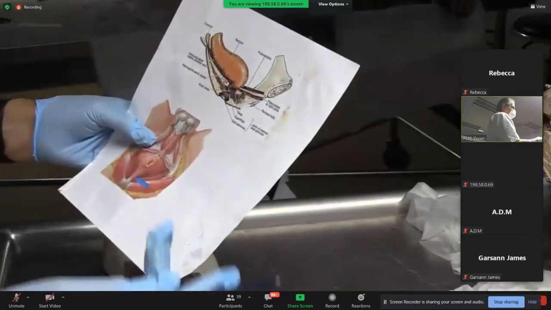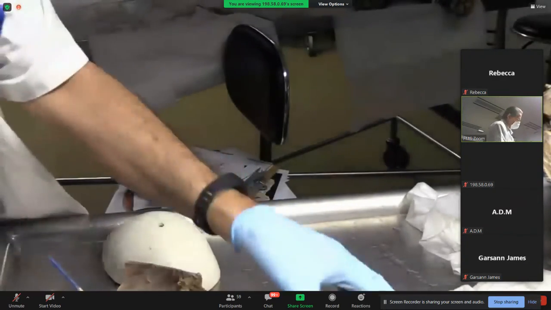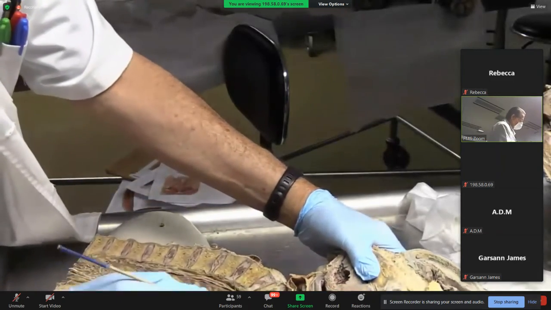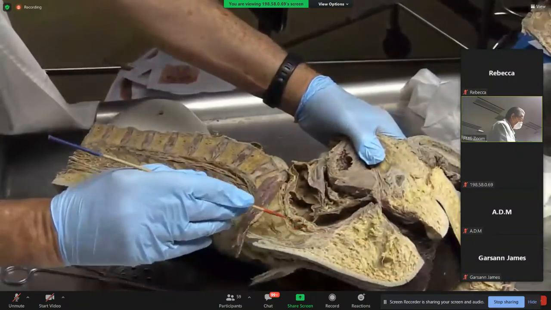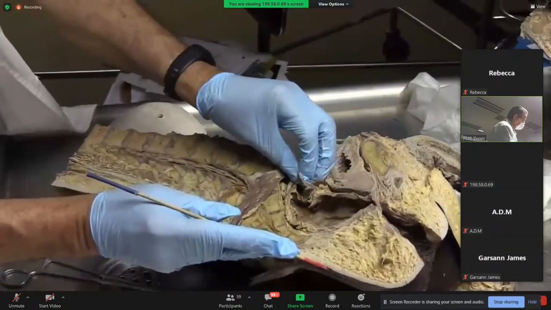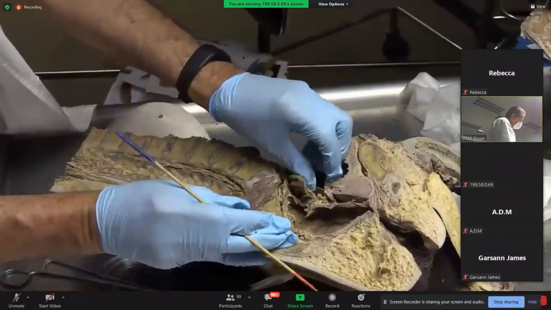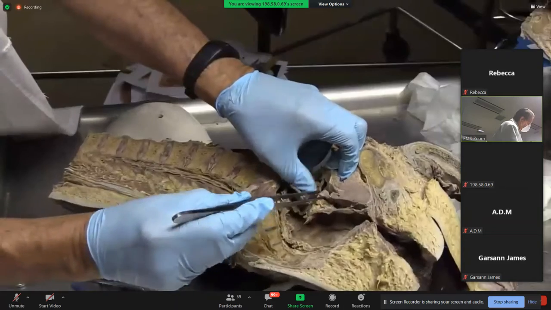Denonvilliers' fascia, the posterior wall, this fascia here, is holding the rectum right here. So this is the rectum here. That's the appreciable fascia of all that there. Remember this here, Denonvilliers' fascia anteriorly, right here.